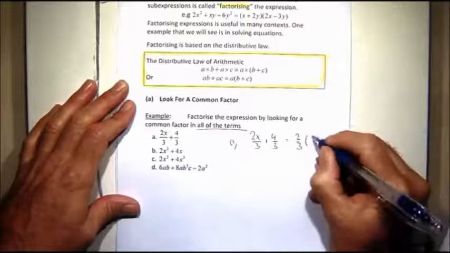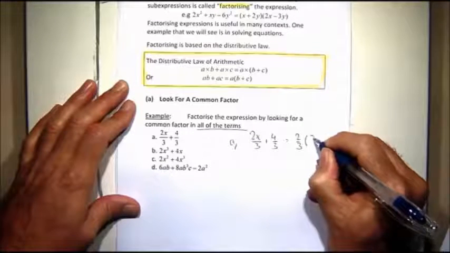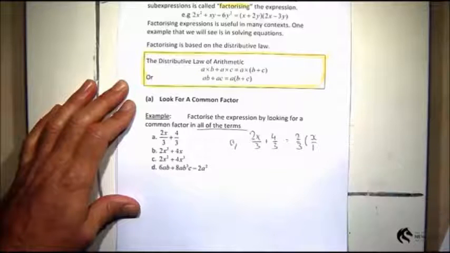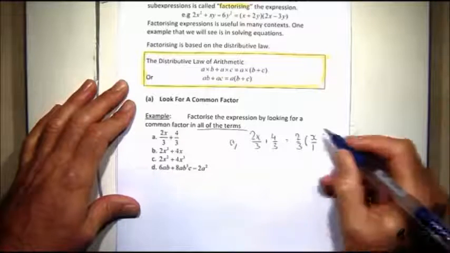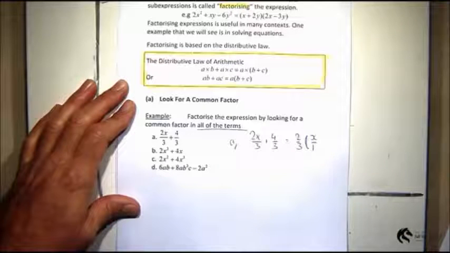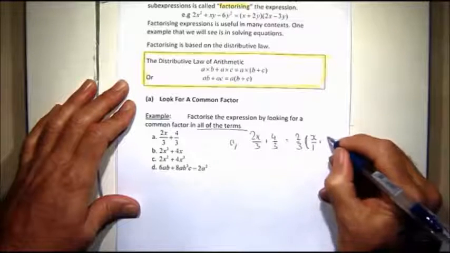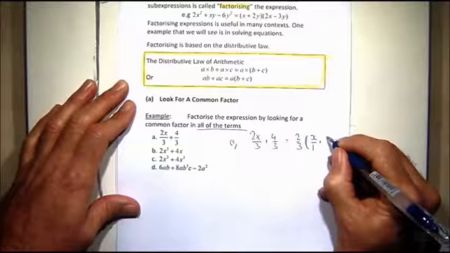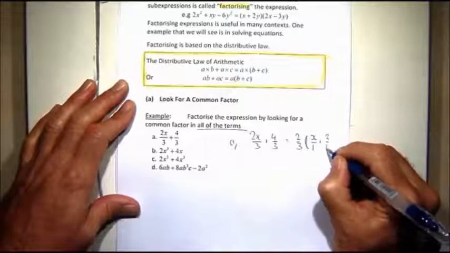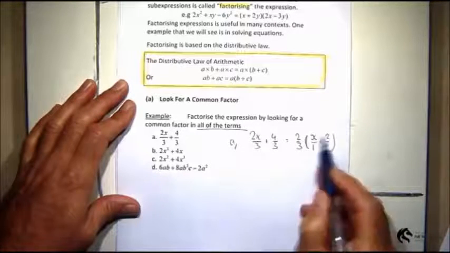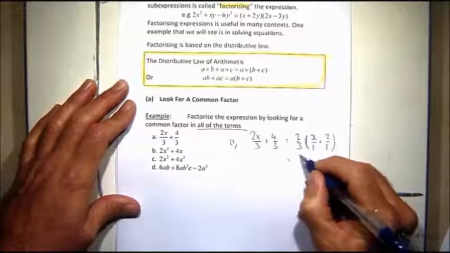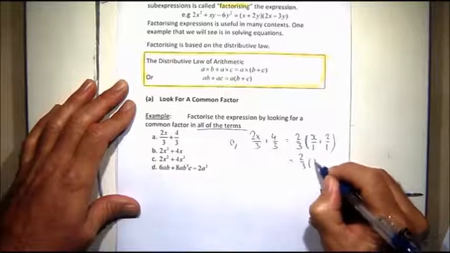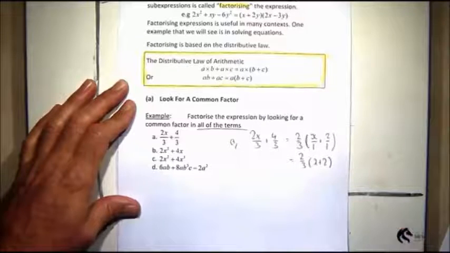If I wrote that as x on 1, it would be obvious, because that's 2 times x over 3 times 1. So x on 1 is just x. Plus, here I would put 2 on 1: 2 times 2 is 4, 3 times 1 is 3. And so I can write that as 2/3 times (x plus 2).